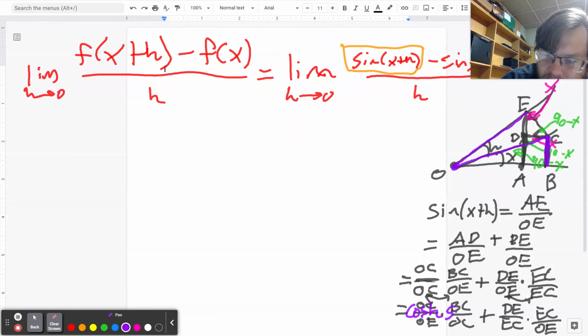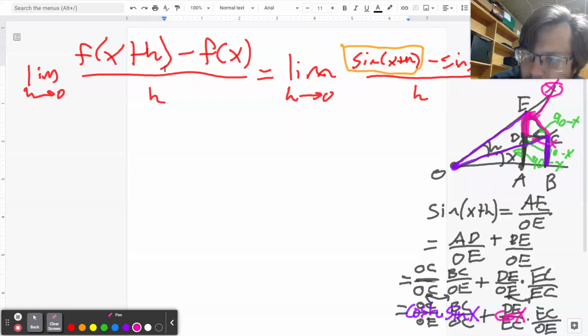So that's sine of angle X. And then DE over EC, let's use a different color here. So here's DE over EC. Remember that we found this is angle X here, so that's cosine of angle X. And then EC over OE is opposite and hypotenuse for angle H.